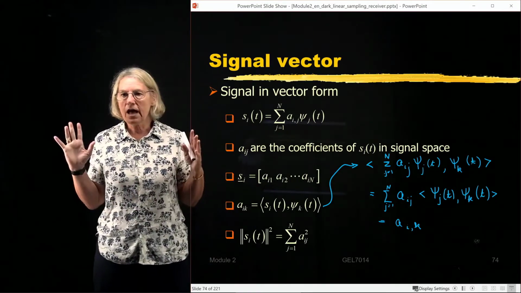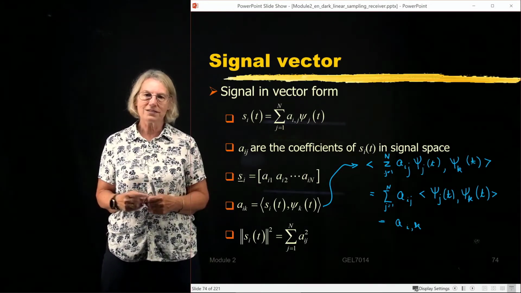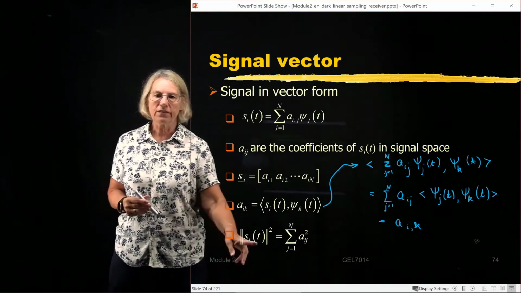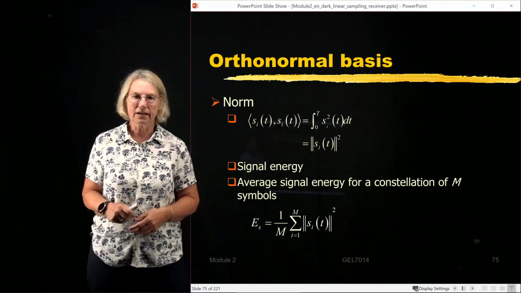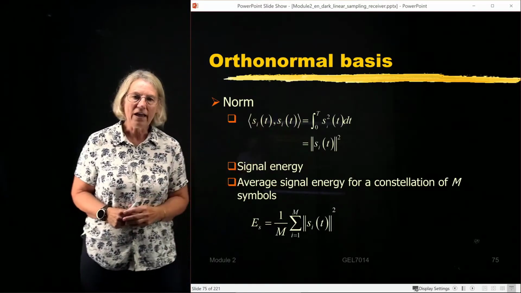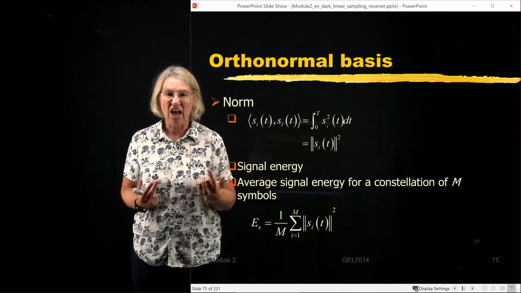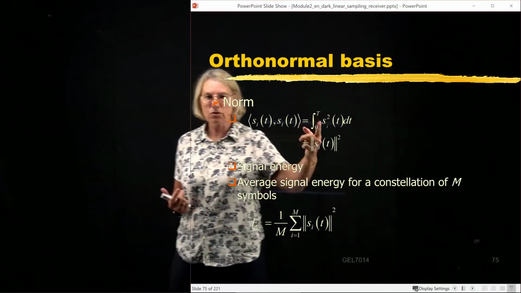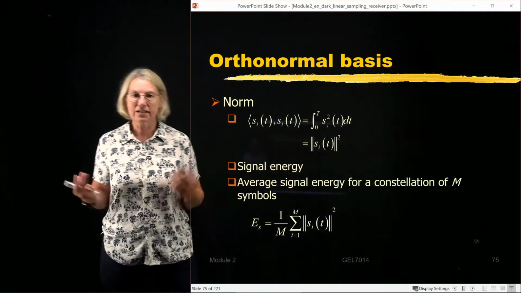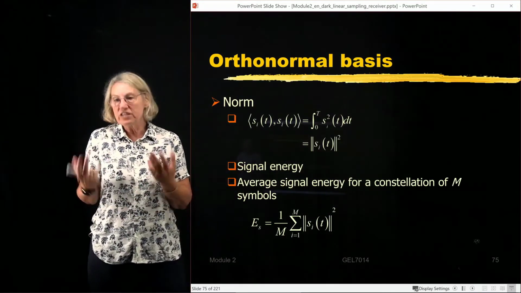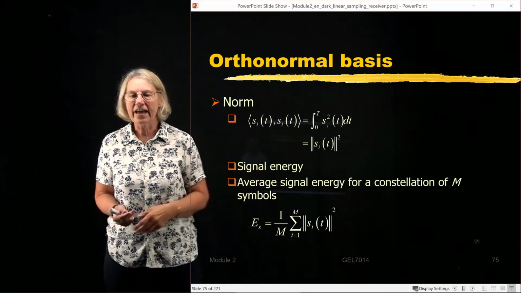So what happens if I take the inner product of a signal with itself? In that case, I get something called the L2 norm. Here's another way. So we have S_i, the ith symbol, inner product with itself. By definition, it's the integral from 0 to T of the symbol S_i(t) squared. And we interpret that to be the signal energy.